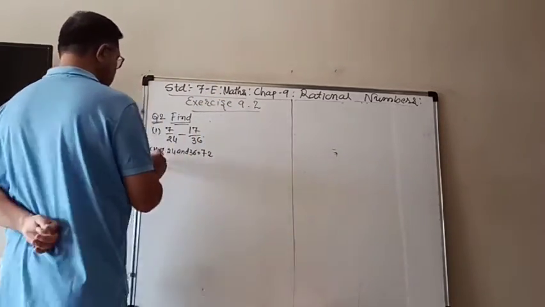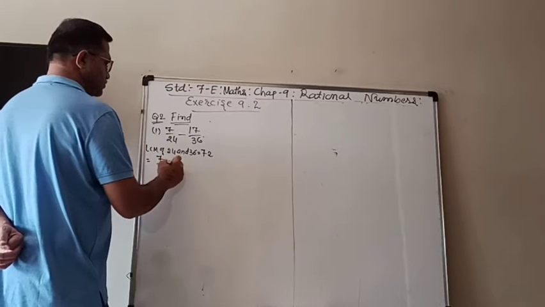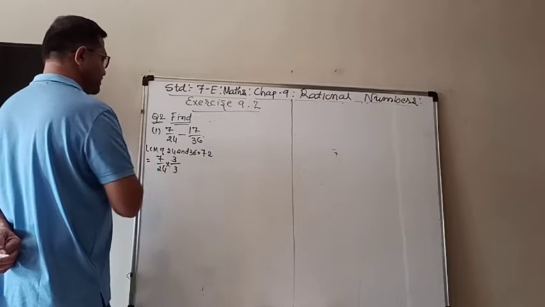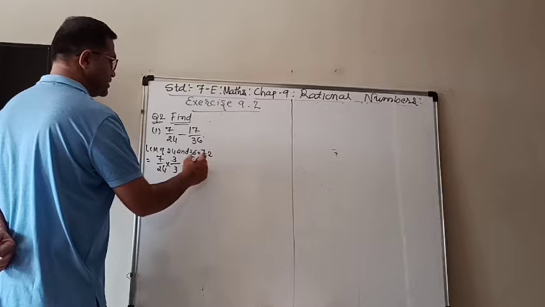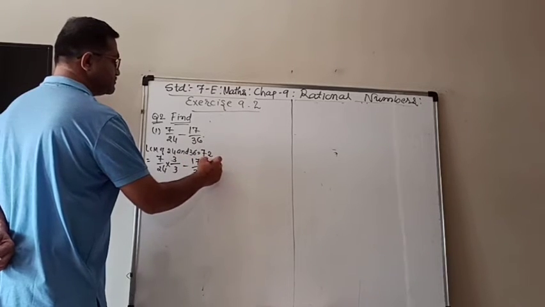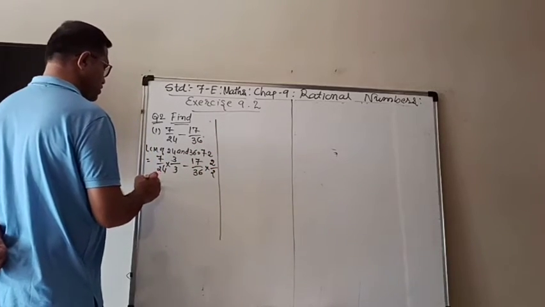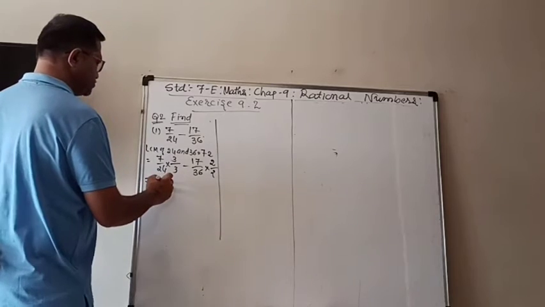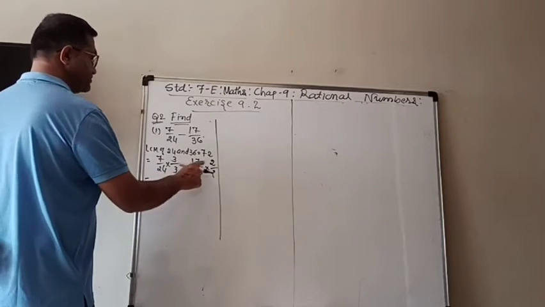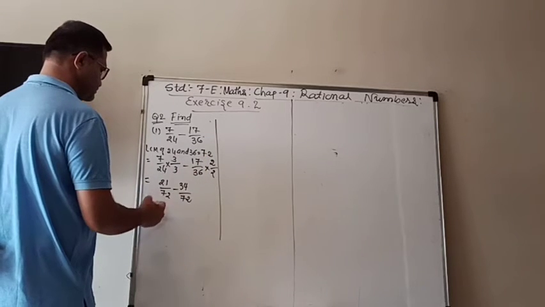So now 7 upon 24: 24 should be multiplied with 3 to make 72. Minus 17 upon 36: 36 multiplied by 2 to get 72. So that is 7 3s are 21 upon 72 minus 17 2s are 34 upon 72.